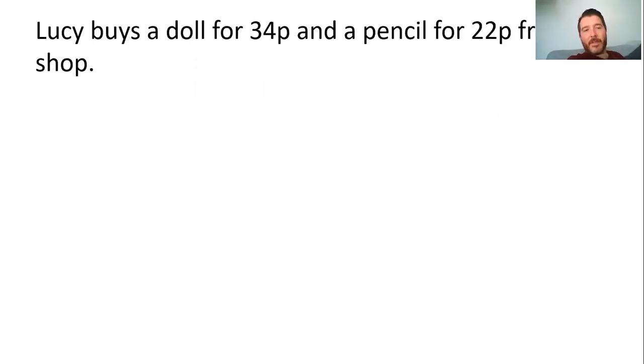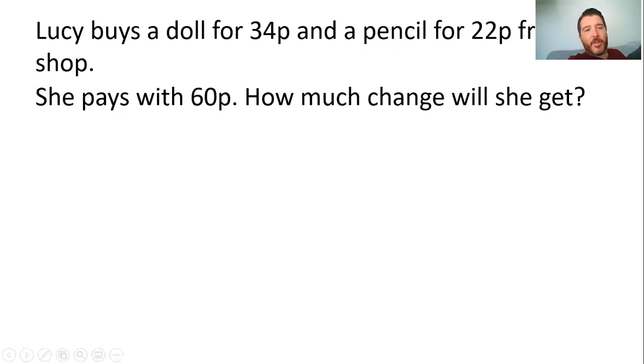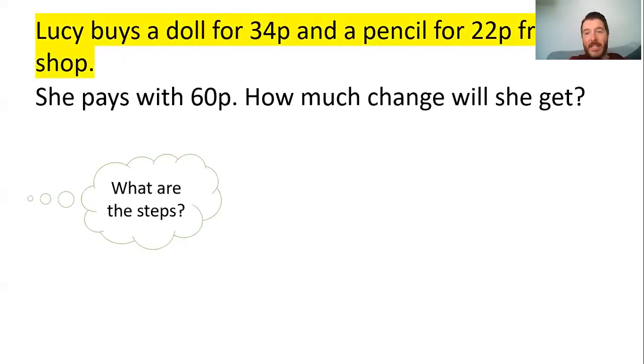So let's look at some examples. So Lucy buys a doll for 34p and a pencil for 22p from the shop. She pays with 60p. How much change will she get? Now, there's two parts to this, isn't there? What are the steps? So the first step is we need to find the total of what Lucy's bought. She's bought a doll for 34p and a pencil for 22p.